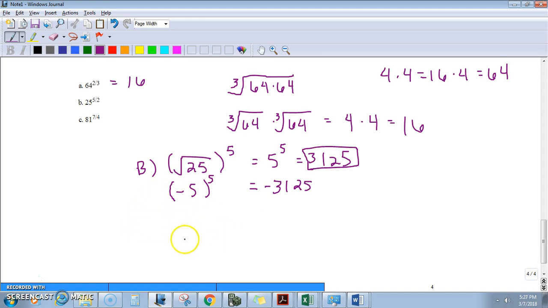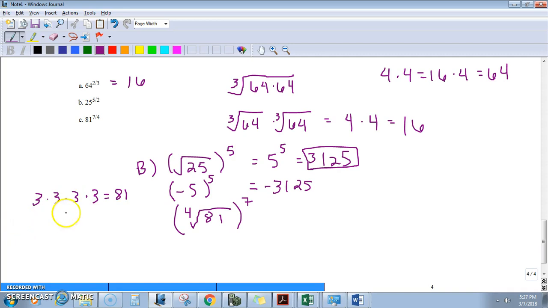And C says we have the 4th root of 81, right? All to the 7th power. Well, the 4th root of 81, I think, is 3. Let's check that out. 3 times 3 is 9, times 3 is 27, times 3 is 81.